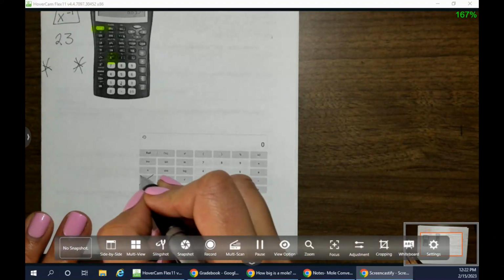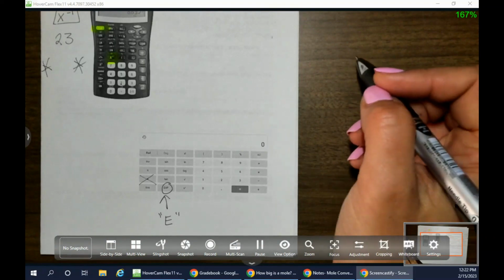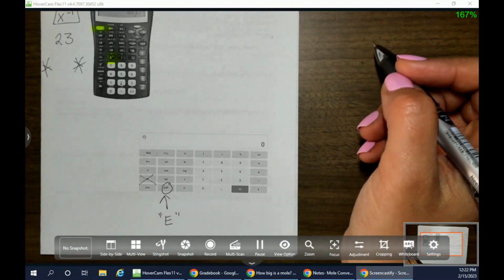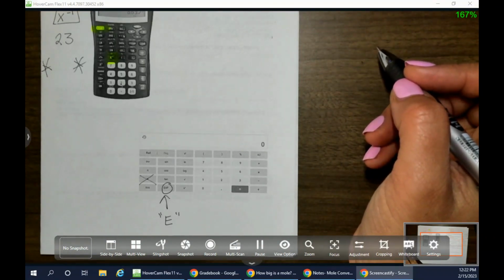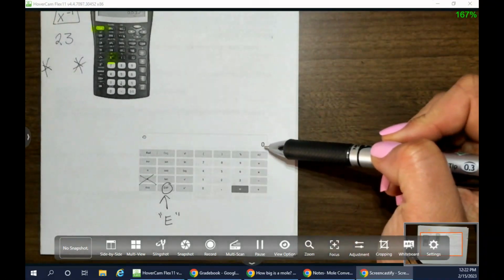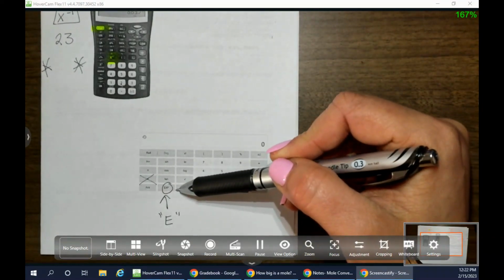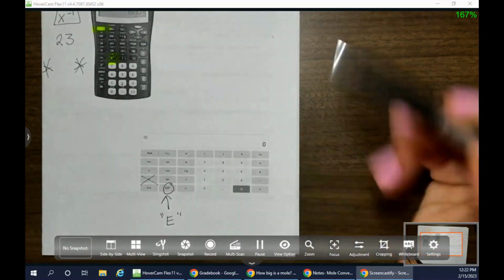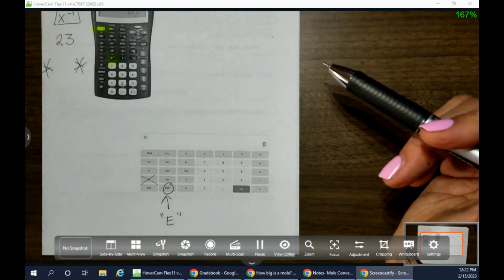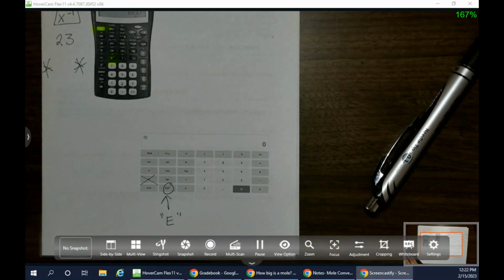Do not click the lowercase e. On some of your phones, it might actually end up being a lowercase e. I know for this, it'll show up as a lowercase e. Don't worry about that. Just use that for the E button, and it is still used the same way. Okay, so that's what I wanted you guys to have for calculator help.